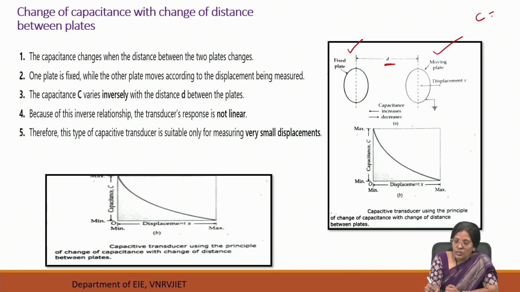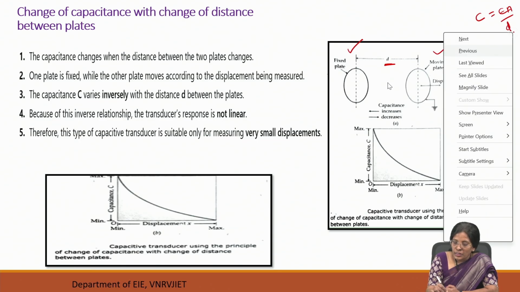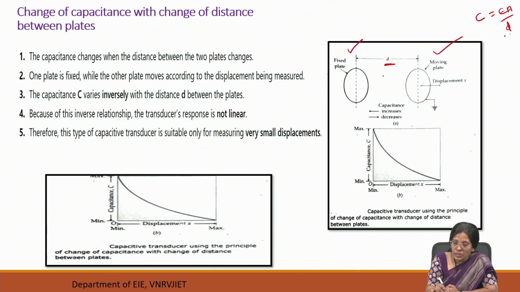As we know, C is equal to epsilon A by D. When the distance between the plates is increasing, that means when this moving plate is moving towards this direction, D is increasing. When it is increasing, the capacitance is decreasing.